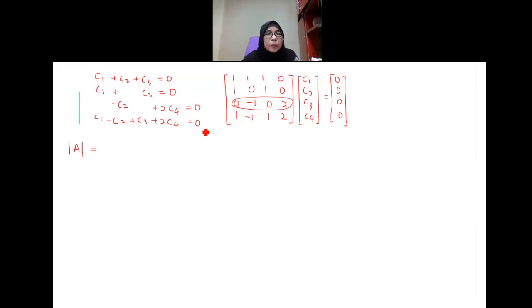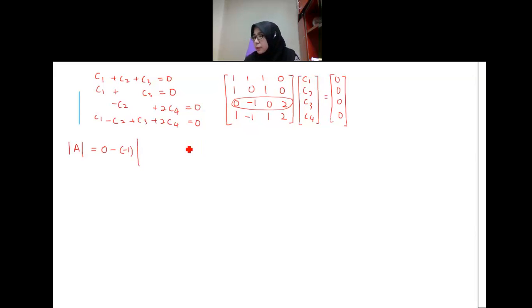For cofactor expansion, the signs alternate, so be careful about the sign. The first is positive, then negative, then positive, so this one is negative. The entry is negative 1, and this is the sign of the cofactor.